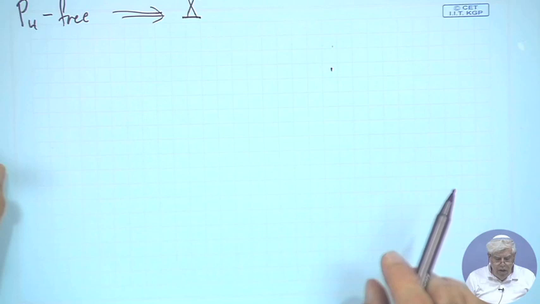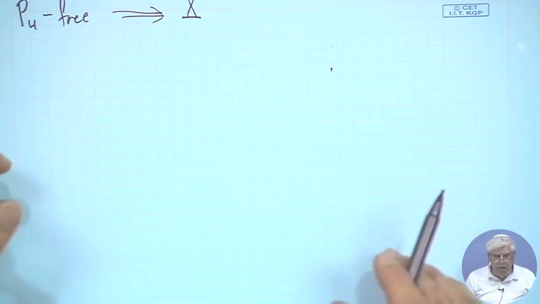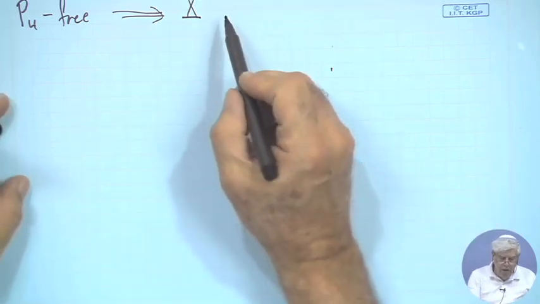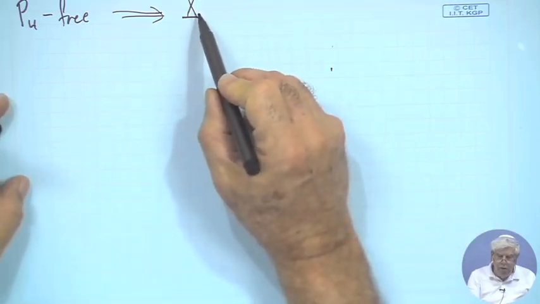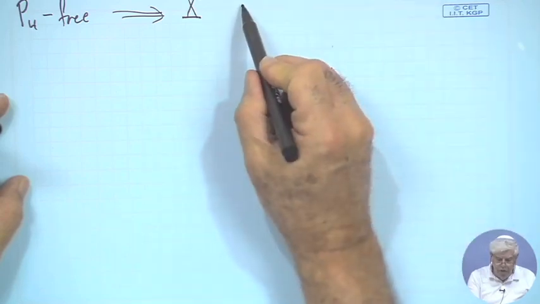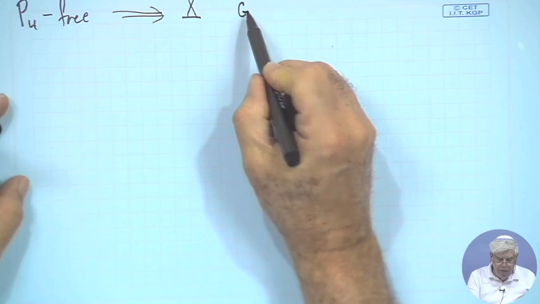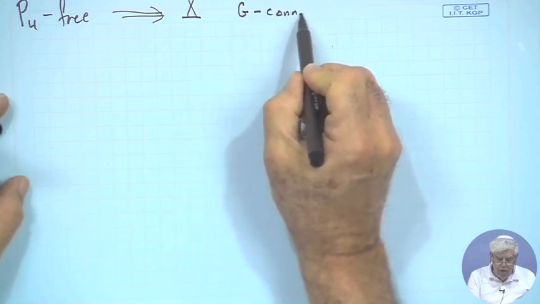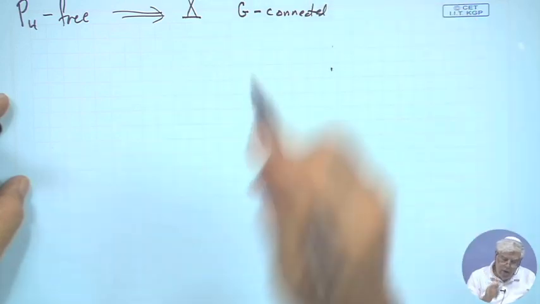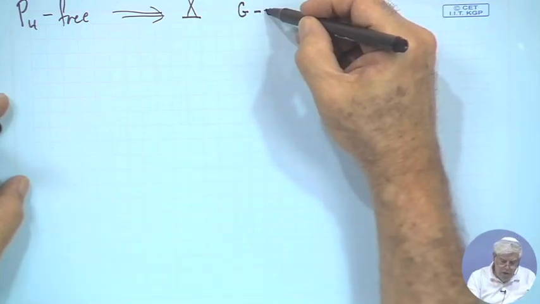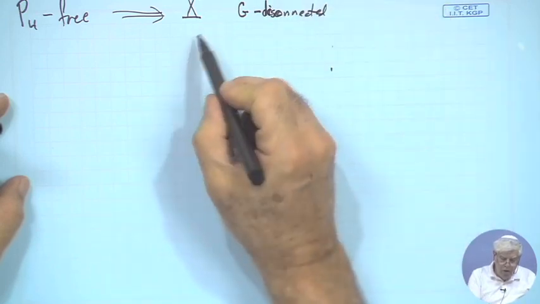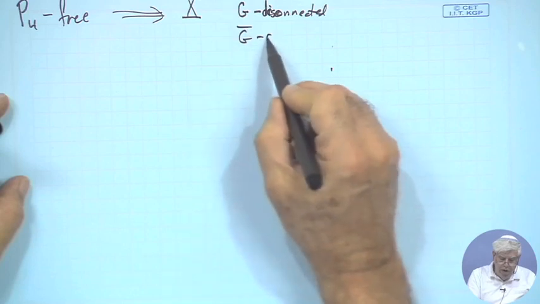That is, for every X of size at least 2 vertices or larger, the induced subgraph is either G disconnected, or G bar disconnected.